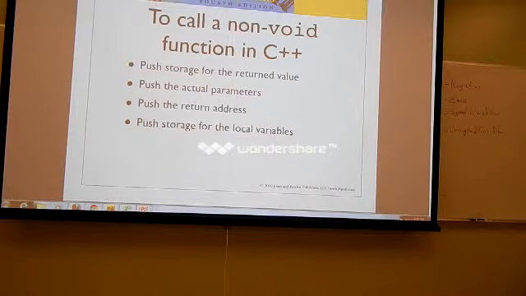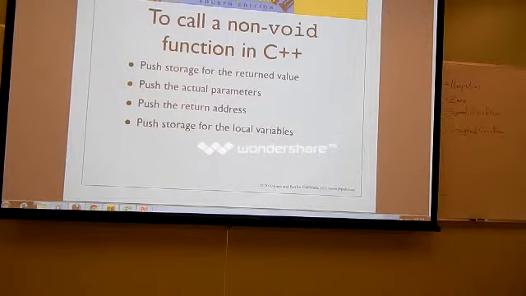Well, now what we want to do is look at what happens if we have a function that is going to return a value. So really, the only thing that's different about this is we're going to have storage on the stack for the return value.